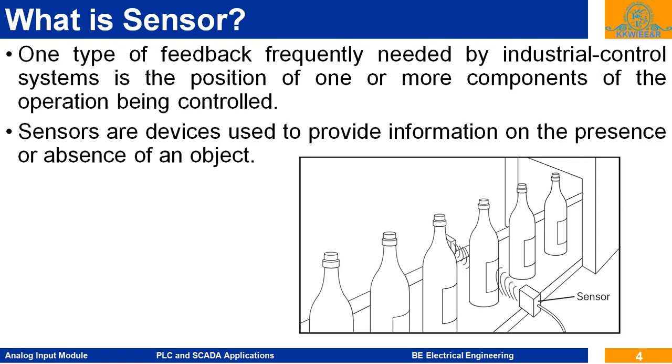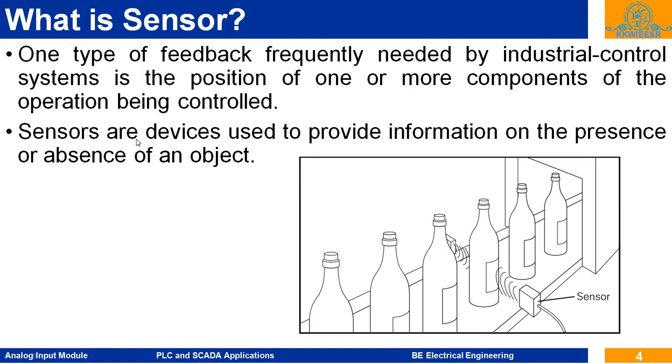In industry, on a conveyor, how many objects are passed, to measure the number of components, to sense the proper position of a bottle for filling liquid into the bottle, or the travel of, say, a drill head, how much drilling is done, or to sense the home position or the end position. So we are providing the limits for the travel.